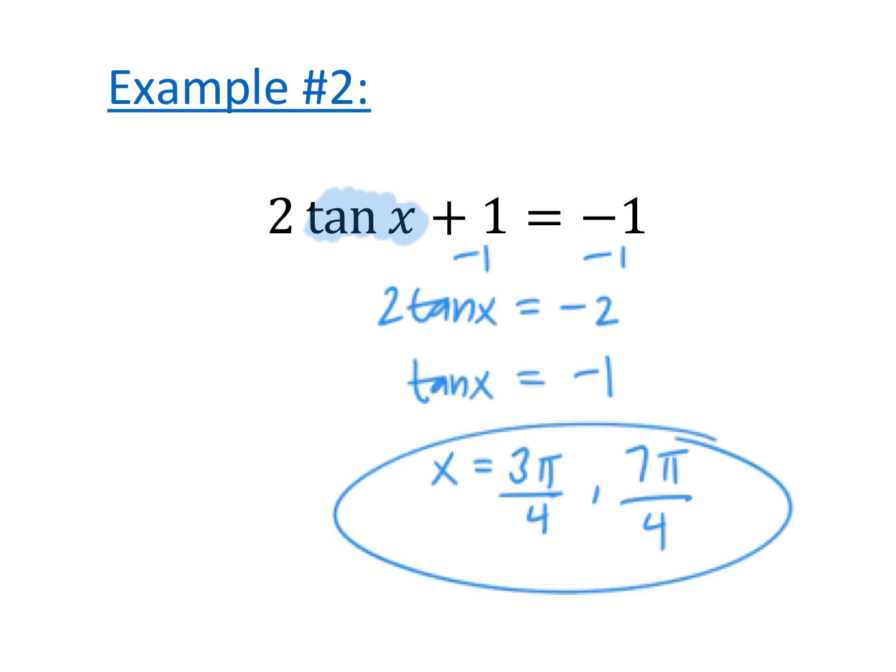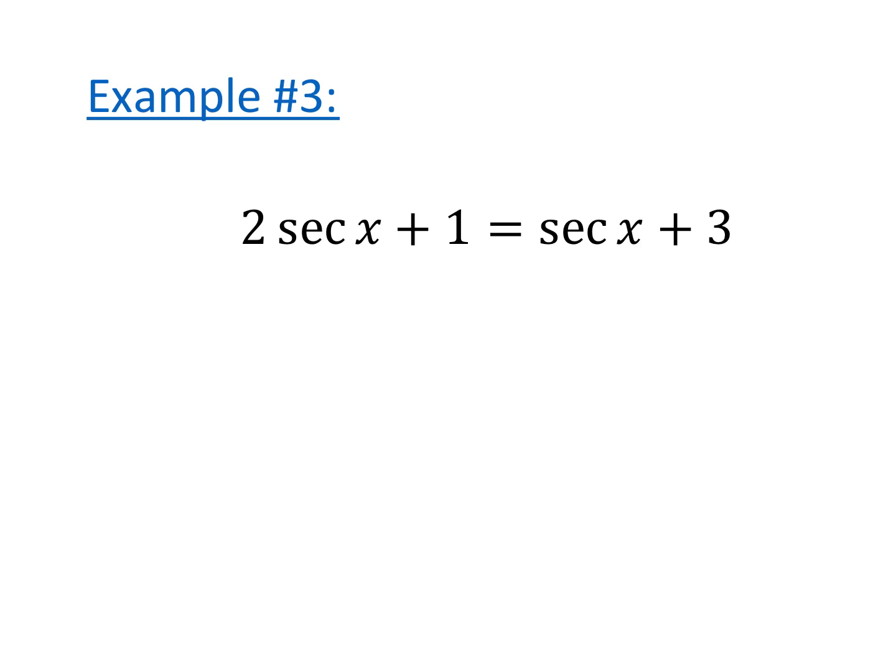Okay. Again, y over x, that's going to give you a -1 at those two angles. Okay. I've got 2 secant of x plus 1 is equal to secant of x plus 3. Technically, I've got two trig functions there, right? But they're the same. So what do you think we could do? Subtract it, right?